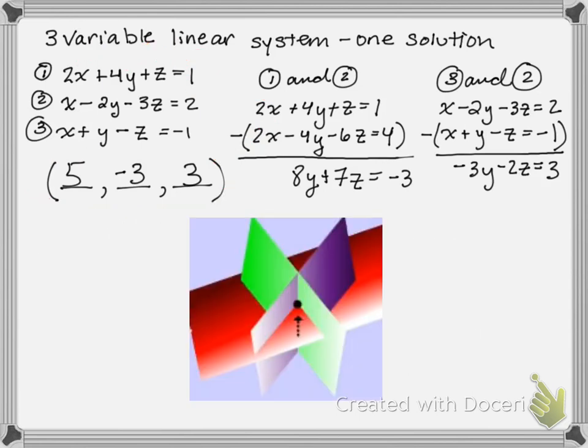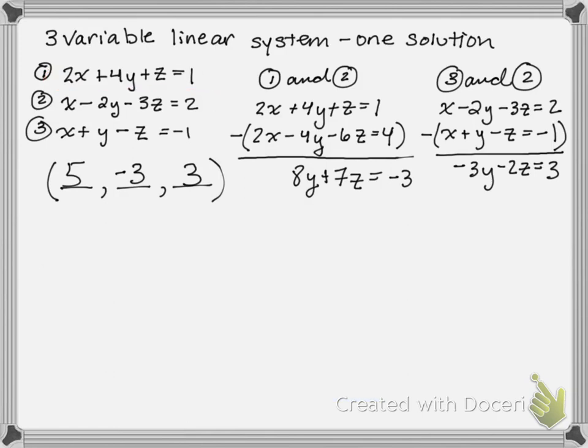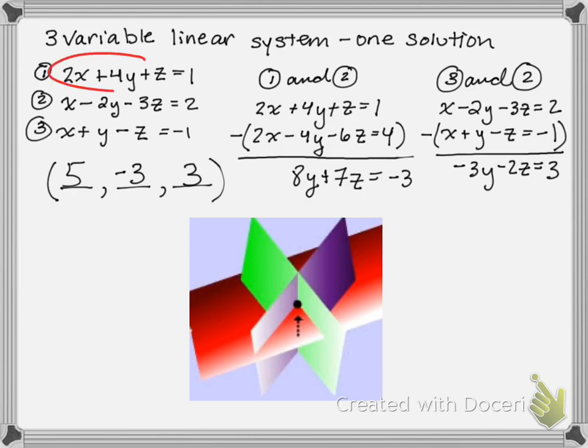The other thing is that I want to visually conceptualize what's going on here. Each of these equations is a plane. If I had 2 variables, I would have a line. When I have 3 variables, I have a plane. So these 3 equations and 3 variables, each of them is a plane.